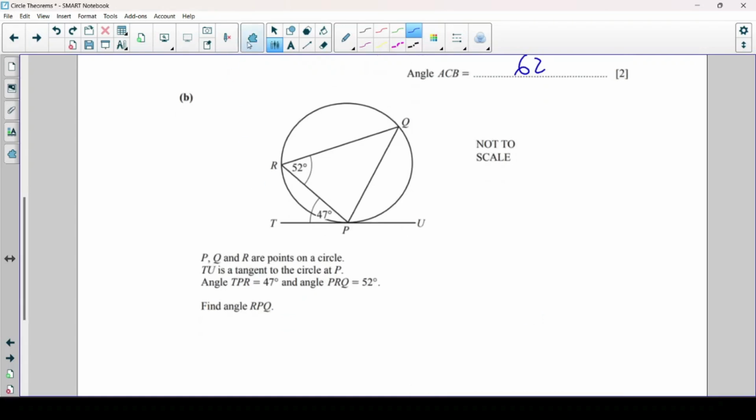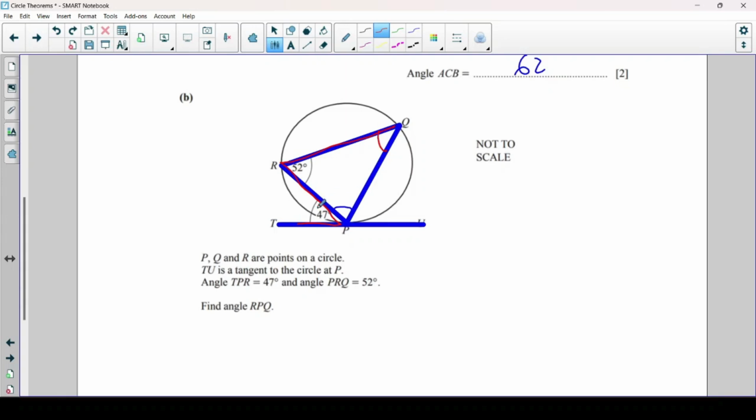Part B, all this could be is the alternate segment theorem. We've got tangent, we've got a triangle connected to the tangent, and we're trying to find angle RPQ, so this one down here. I think to find this one first we need to find the one that's up here on the top right, so we'll draw our kind of Z shape.